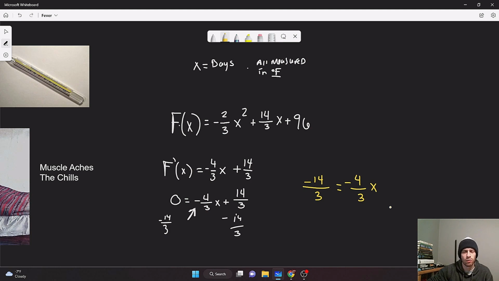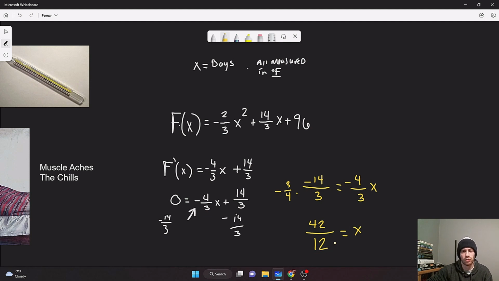And so we can divide by negative 4/3, which is the same as multiplying by negative 3/4. And so we get 3 times 14, which is 42, and this is going to be a positive number, 42 over 12 equals x.